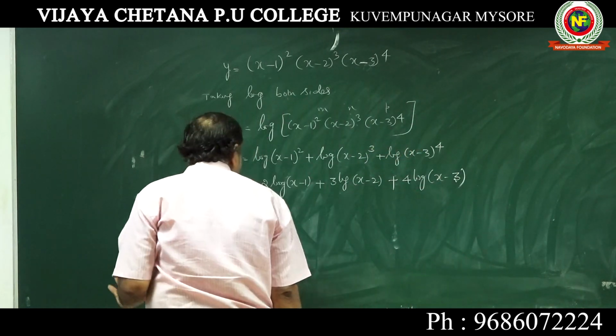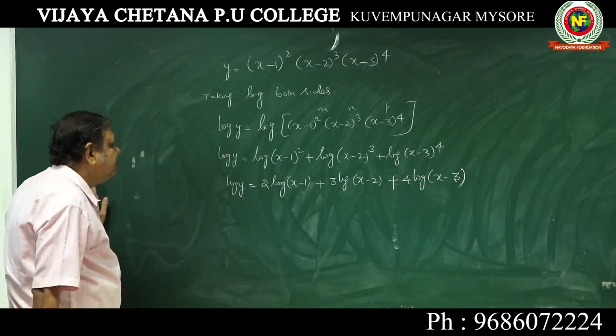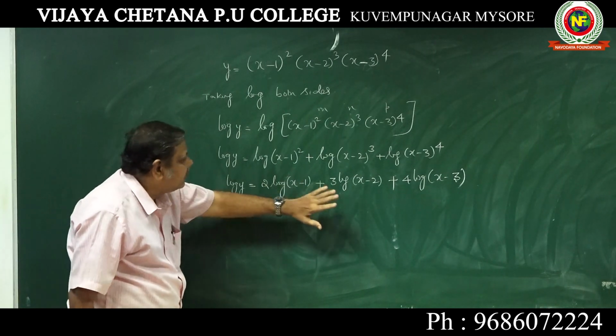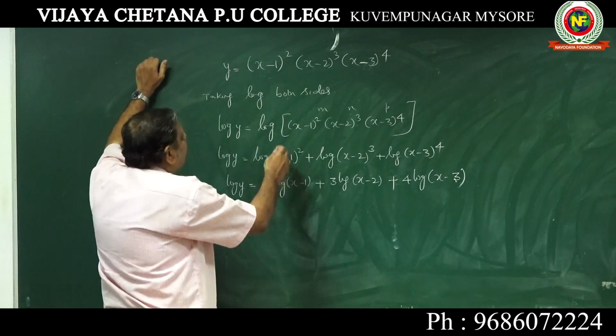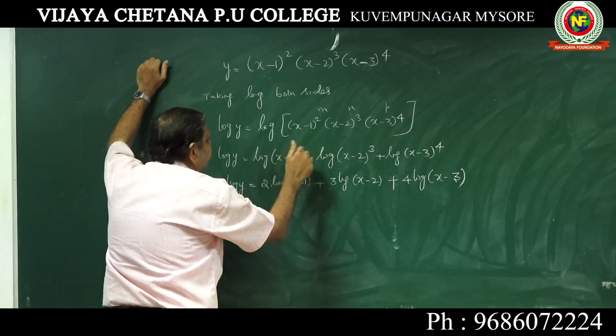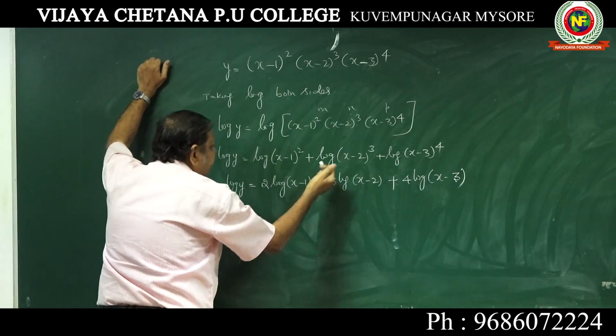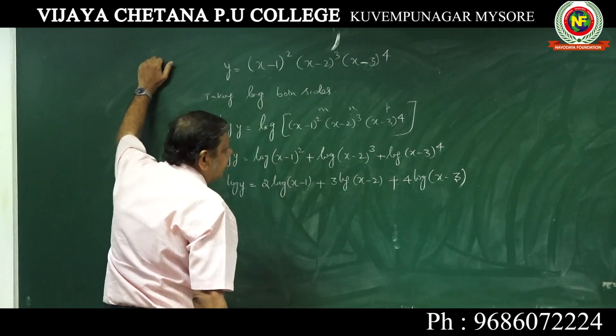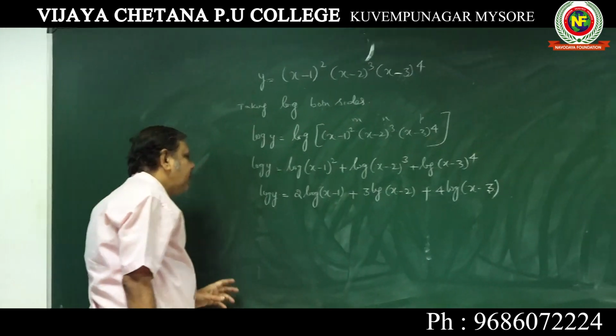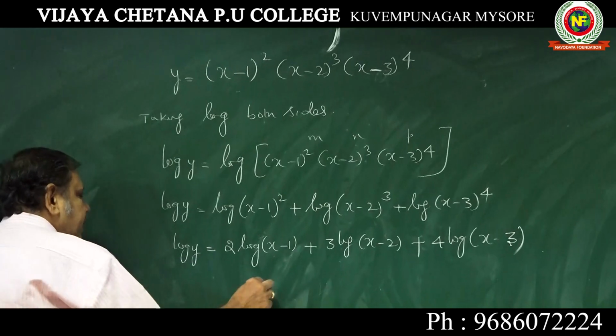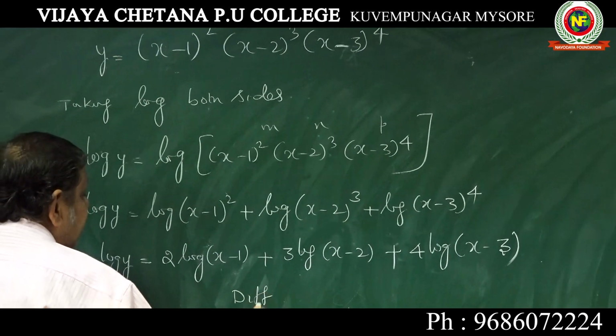Now it is log y is equal to so much. First you should take log both sides, then log m plus log n plus log p, and log m to the power of n is n log m. Now you should start differentiating with respect to x.